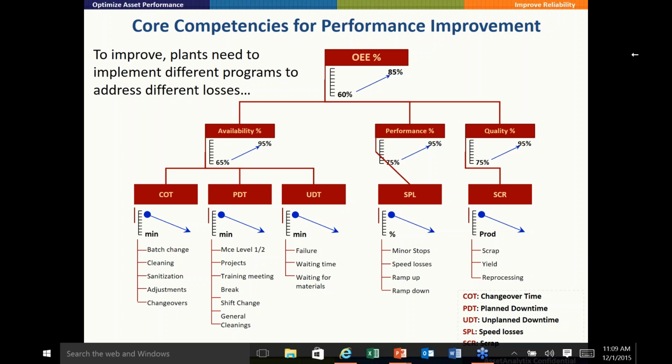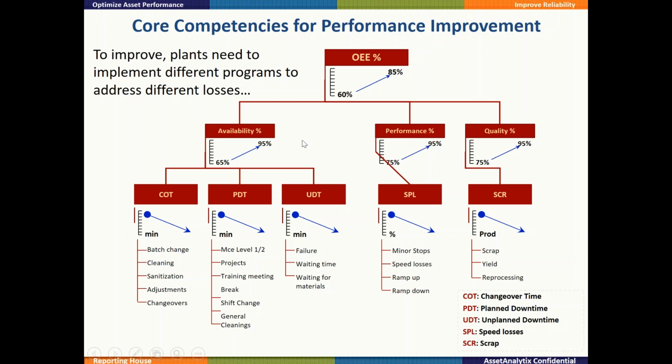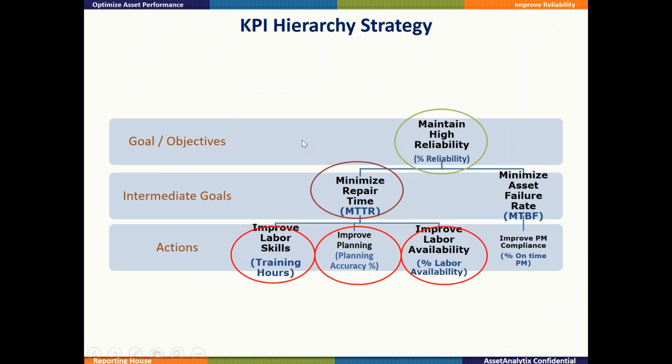So I'm hoping you can see developing a strategy like this provides you that starting at the top with your business objectives, then aligning those business objectives and drilling down. So let's go even further. Let's drill even a little bit further down. Let's say now we're going to reliability.